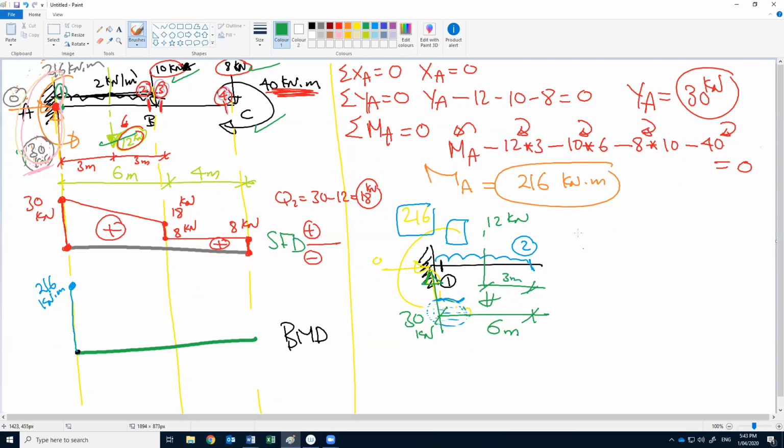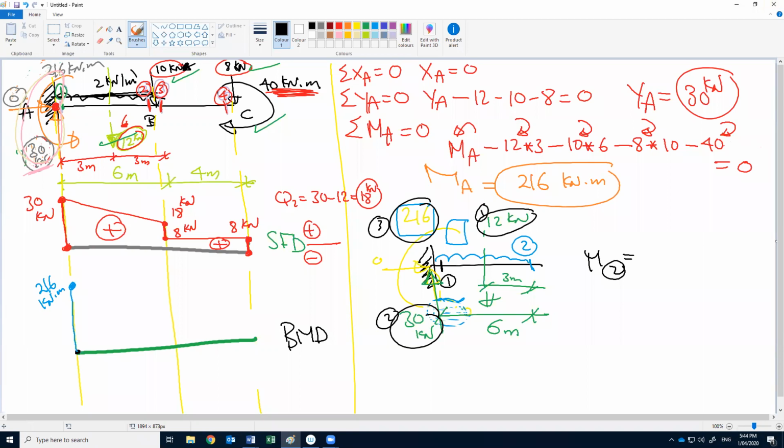If we calculate the moment at 2, M2, what causes moment at 2? This force, this force 30 kilonewton, and this moment 216. All of these have moment, right? So how can we deal with this? Sum them all up.